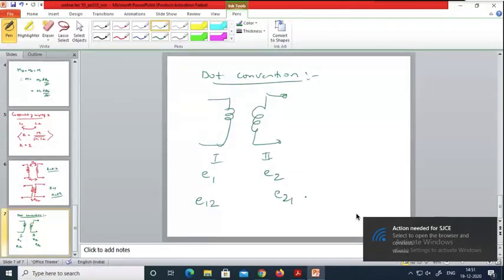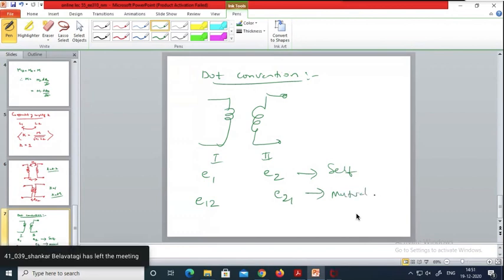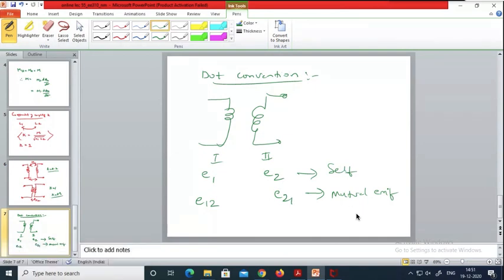So now these are the self-induced EMFs, and these are the mutually induced EMFs. I need to establish a relationship between these two, or find the polarities of the mutual EMF with respect to the self-induced EMF, or self-inductance with respect to the mutual inductance.